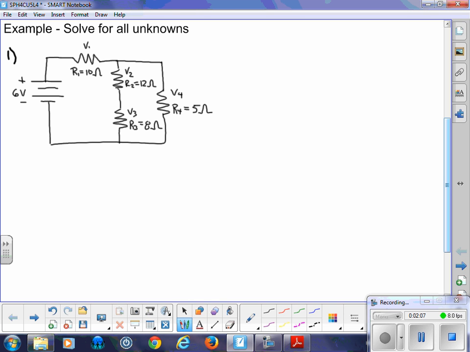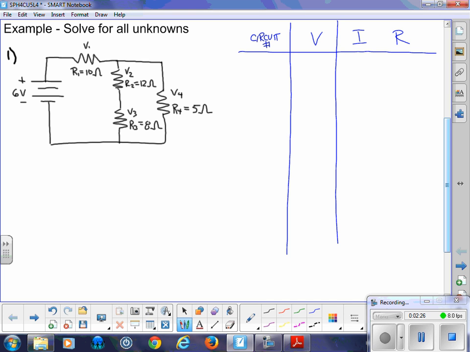We want V equals IR, so I'm going to go V, I, and R over here. And we're going to create a fourth column in front, circuit number, so that we know where we are. So this is what the chart will look like.